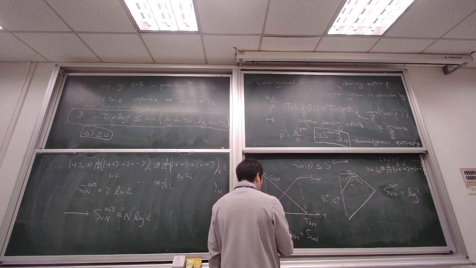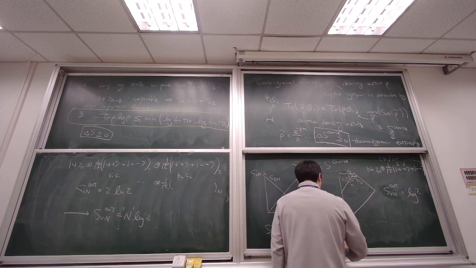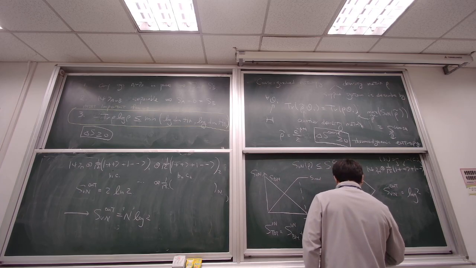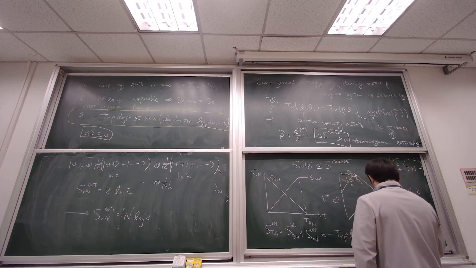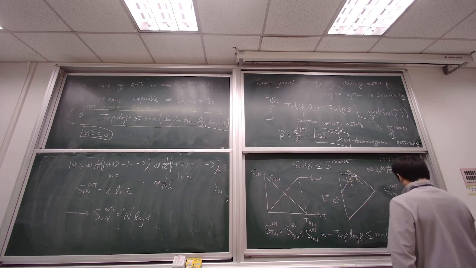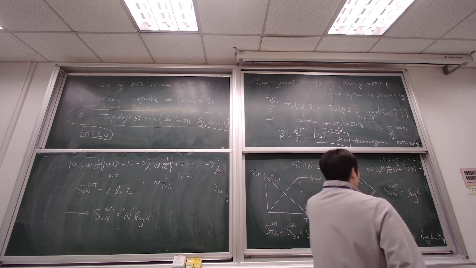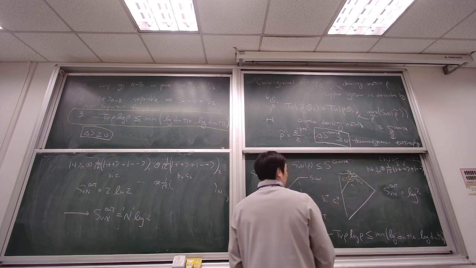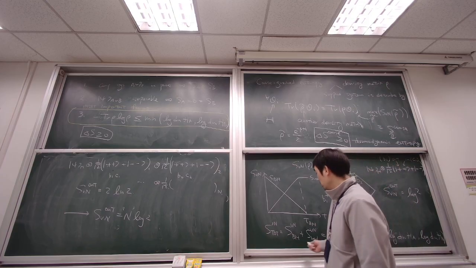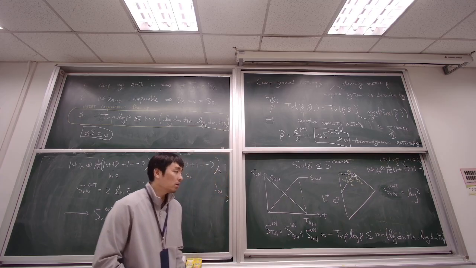But on the other hand, if you consider the von Neumann fine-grained one, which is minus trace of rho log rho, it is bounded by the minimum of log of dim H_A and log of dim H_B. Here A means the black hole and B means the radiation, or A means inside the black hole and B means outside the black hole.